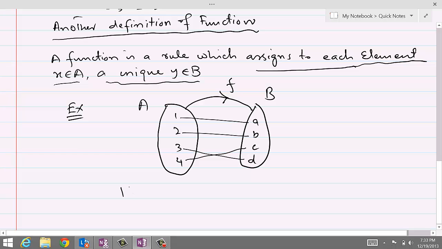What is the domain? Domain of a function is equal to all those elements of A which have an image in B. So this is of course going to be 1, 2, 3 and 4, which is equal to set A.